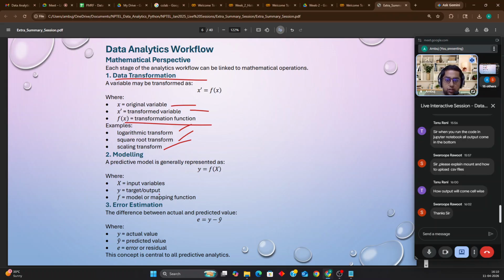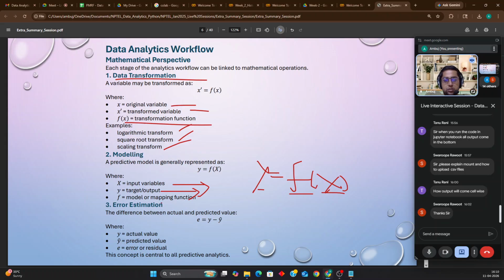Modeling has to be done for input variables, which is capital X. Target output has to be framed, which is small y. y equals function of capital X, where X is the input variable, f is the model which we have formulated, and y is the target or the output variable.